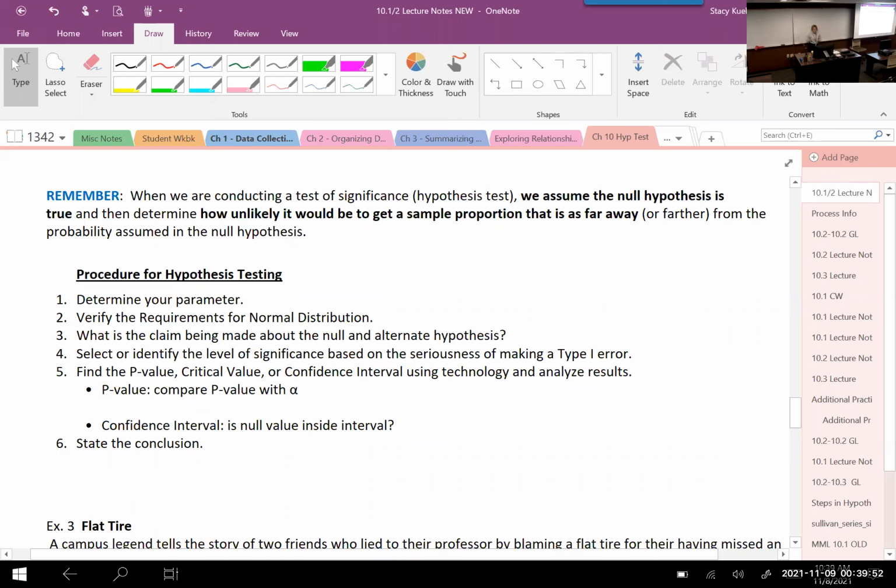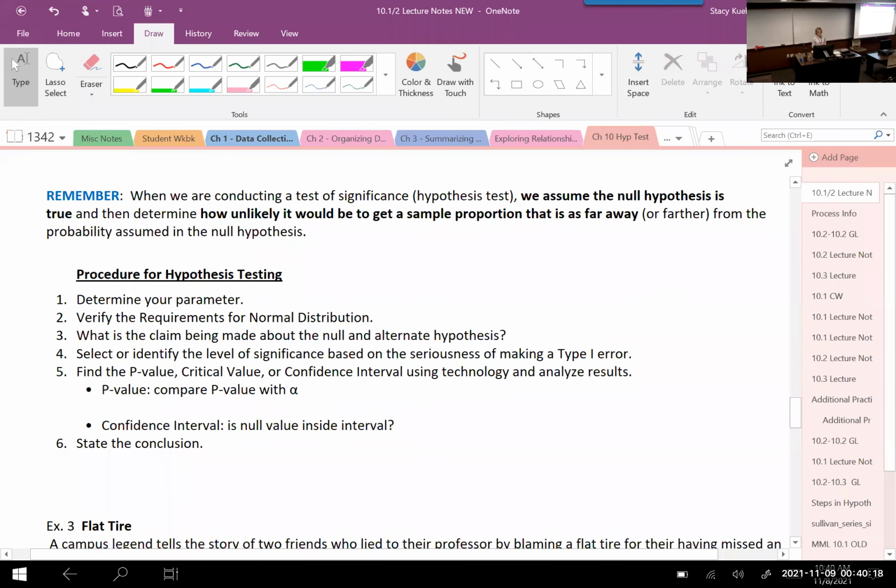Then verify the requirements for our normal distribution. For a proportion, that's np(1 minus p) greater than or equal to 10. Then, once you've identified your parameter, you determine your null and alternative hypothesis statements.